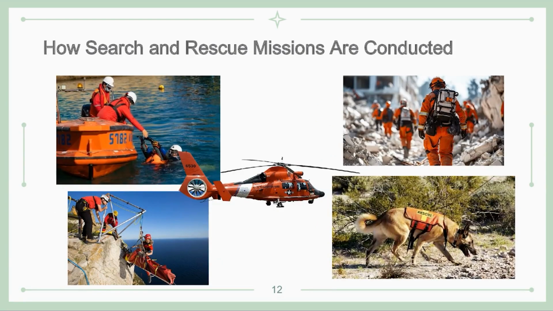Okay, let's discuss how modern search and rescue missions are carried out. In the top left, water rescue teams deploy specialist boats and diving equipment to locate and save people in aquatic environments. These missions often involve rapid coordination and expertise in challenging conditions like strong currents or low visibility.